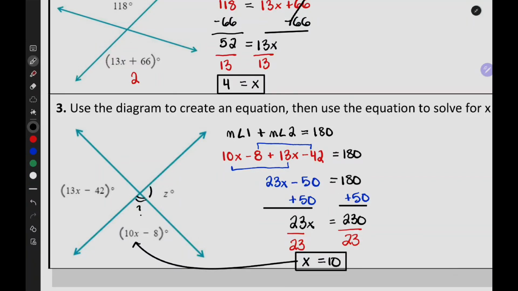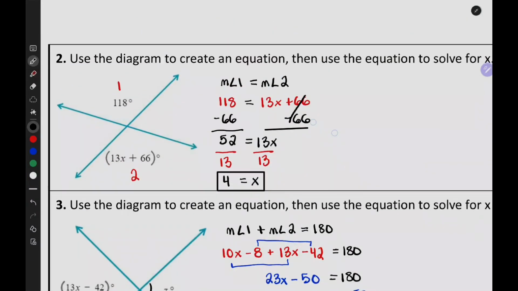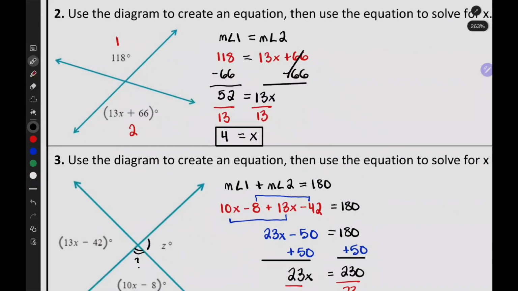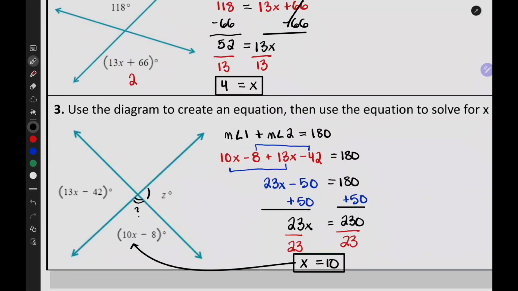All right, so we end up solving an equation like we did here, or I can plug x into the other expression, 13x minus 42, and for me that makes a lot more sense because once I find this angle measure, it's vertical to angle z, or z degrees, so they're equal in measure.